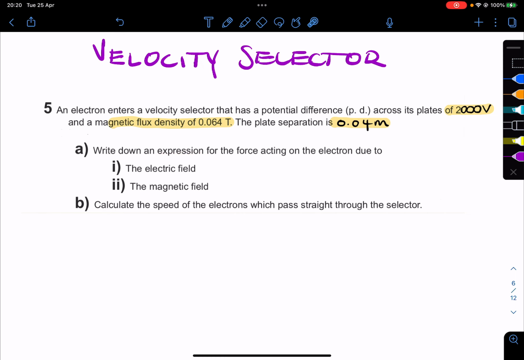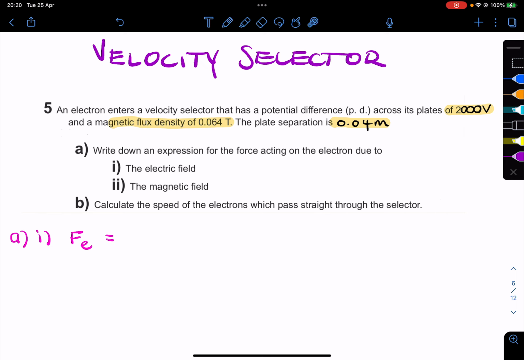So they just want us to write the formula for the electric field and the magnetic field. And what we've got is an electron. So if we're going to answer A1, the electric field force, or the force due to the electric field.